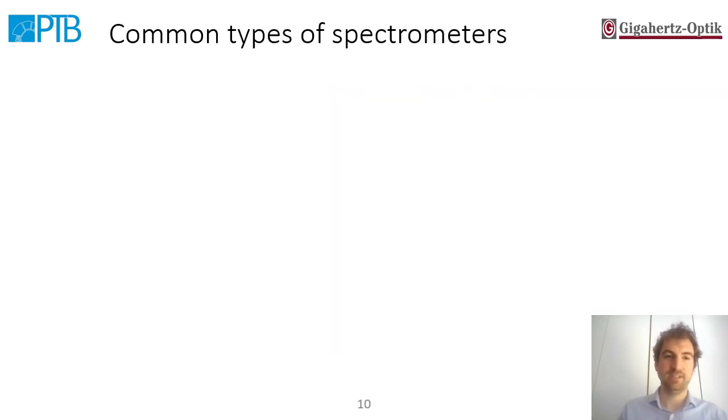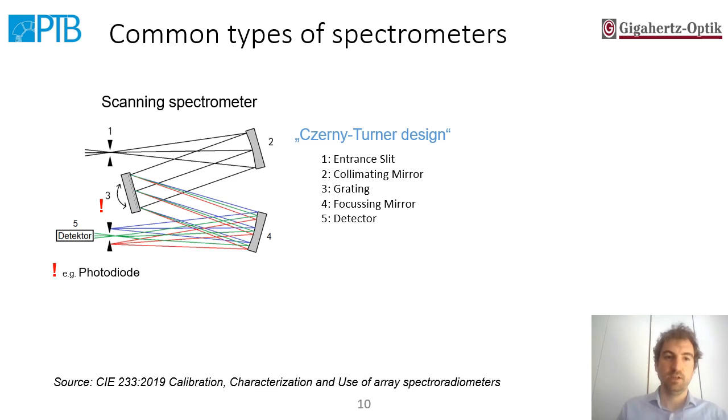Coming to the typical types of spectrometer designs. On the left, you can see a scanning spectrometer in a Czerny-Turner design. Number 1 is the entrance slit, number 2 the collimating mirror, number 3 the grating, 4 the focusing mirror, and 5 the detector, which could be, for instance, a photodiode.